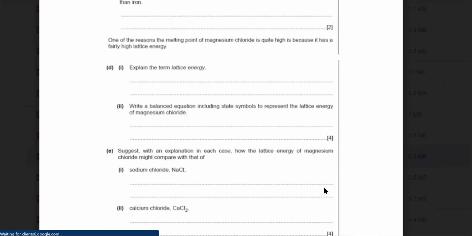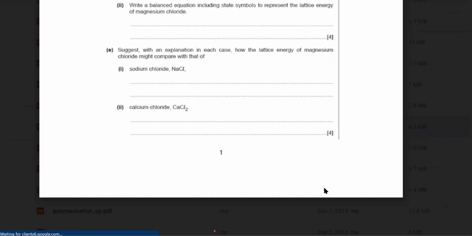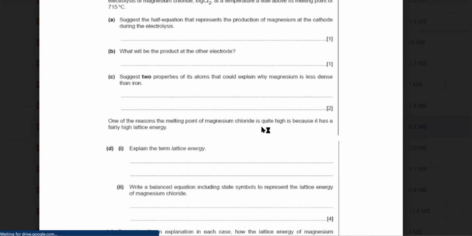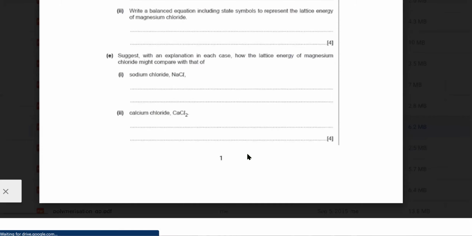So now the question on lattice energy and enthalpy of solution. Let's just wait a second. No idea क्या हो रहा है. 1 second रुको.